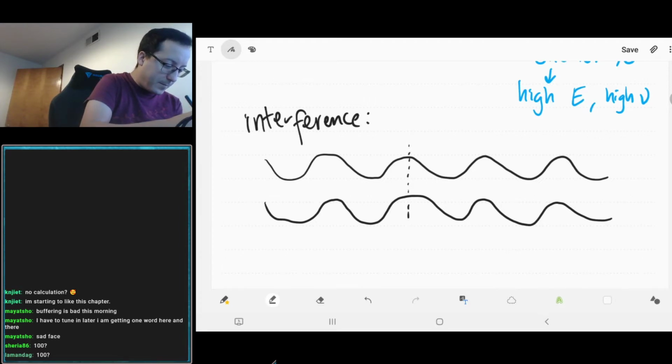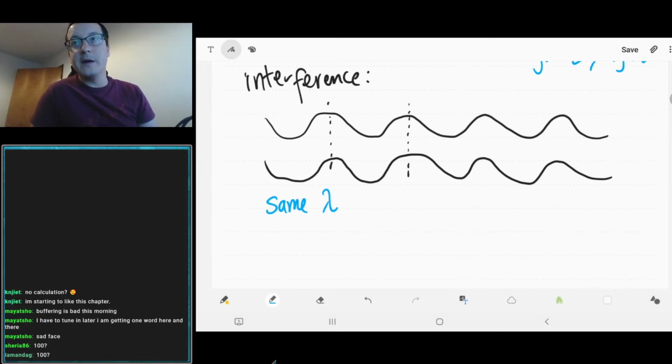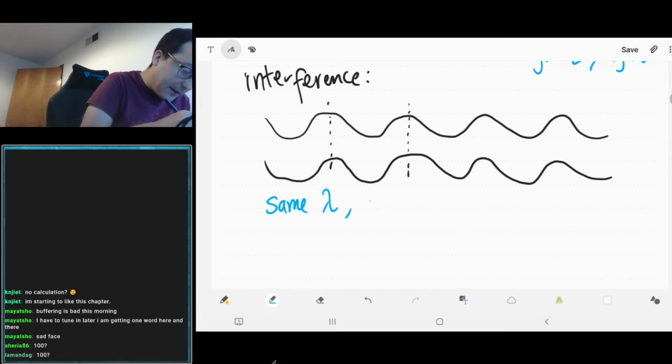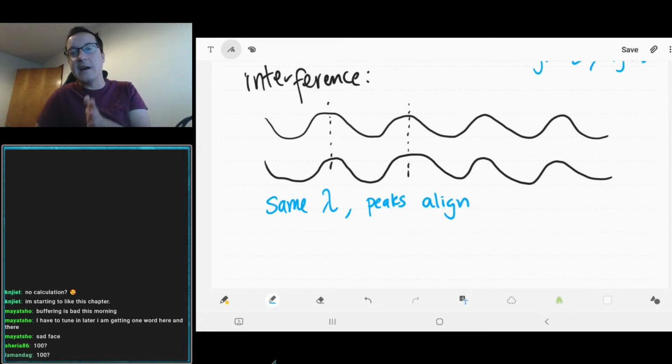If the wavelengths are the same, and if the peaks align with each other, as in at the same time they're going to their highest point. So when the first wave is at its highest point, the second wave is also at its highest point. That's what I mean by they're aligned, they're together.